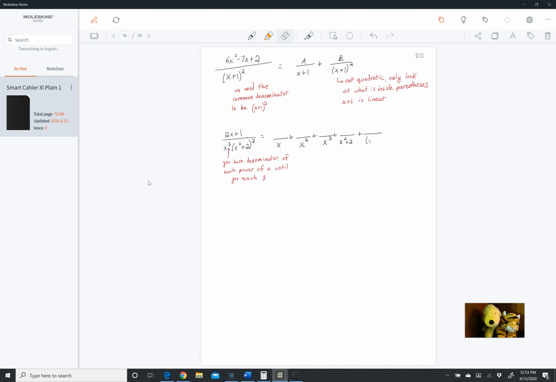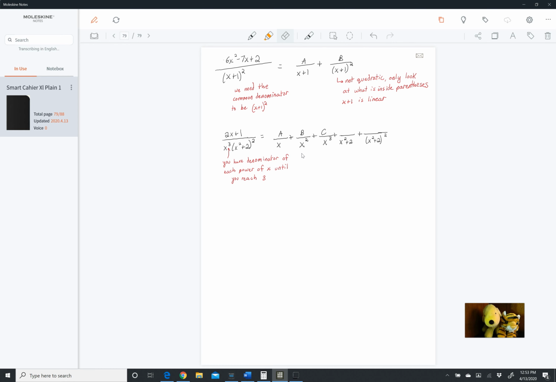So you start at 1 and you keep going up until you reach that power. And then you look inside the parentheses to see, is it linear or quadratic? So x is linear, so it's A. This, think of it as in parentheses, x squared. X is linear, so you have a B. X is linear, so you have a C. Okay? So the only way that you're ever going to have anything potentially quadratic is if you're adding or subtracting to your x to some power, okay?